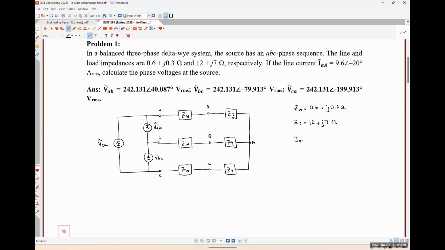We're told that our line current, which I'll label on the diagram in just a moment, is 9.6 angle negative 20 degrees amps RMS. And I'm going to say that we're trying to solve for the voltage VAB. So here is my line current on my diagram.